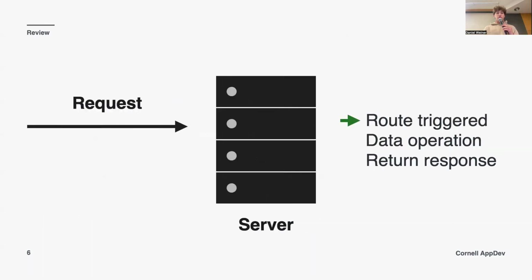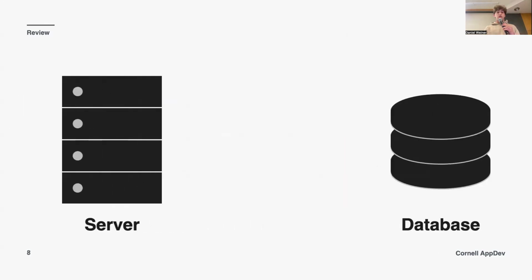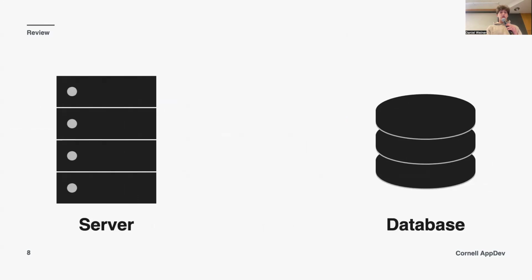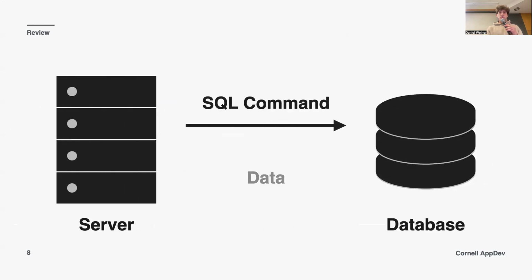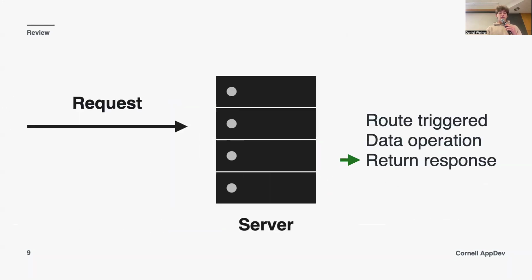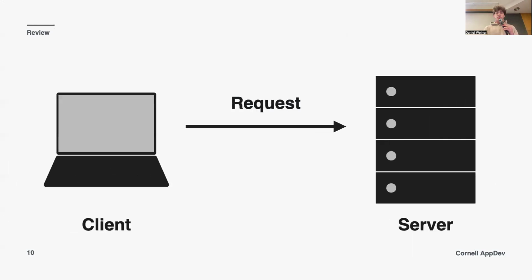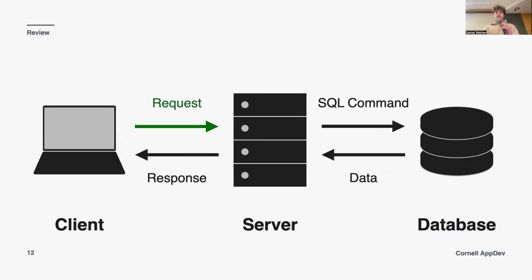Then the route is triggered, some CRUD operation is performed, the server sends an SQL command to the database, which returns some of the data to the server, and then the server returns the data retrieved from the database as a response to the client. So that's the broad overview right there. You send the request, then you get the SQL command, then the database sends the data back to the server, and the server then gives the response to the client.